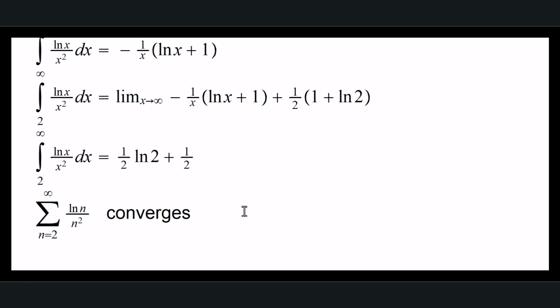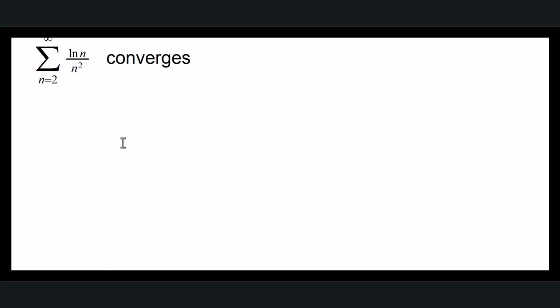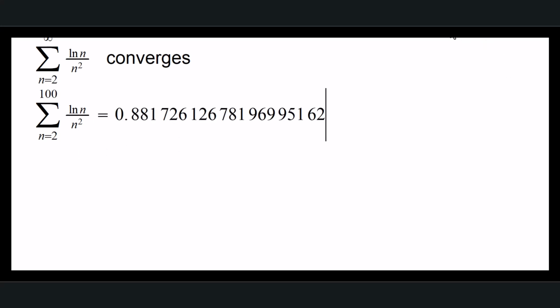Now here, if we want to find the limit, say for instance we add up to 100 terms, and you can use your sum sequence feature to do that, so you get this value.